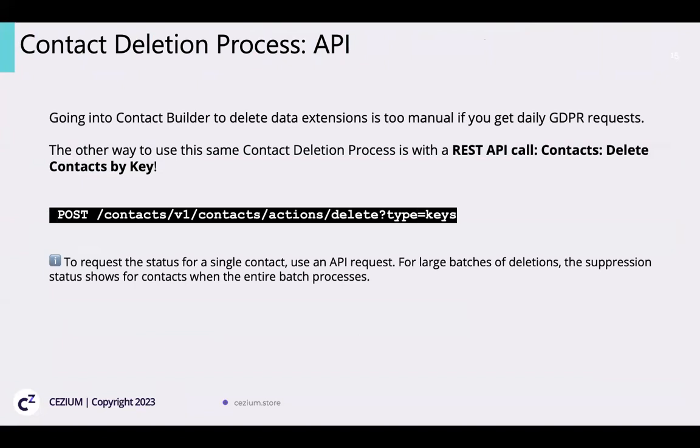If you work with large companies using Salesforce Marketing Cloud, there can be numerous daily GDPR requests. So what you can do in this case is use the REST API call and delete contacts by key.